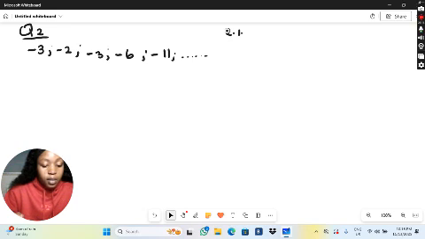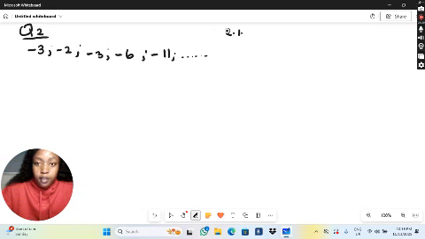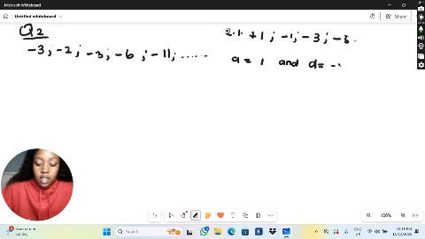Determine an expression for the nth term of the first differences. For the first differences we have positive 1, negative 1, negative 3, and our a is equal to 1 and our difference, our d, is equal to negative 2.